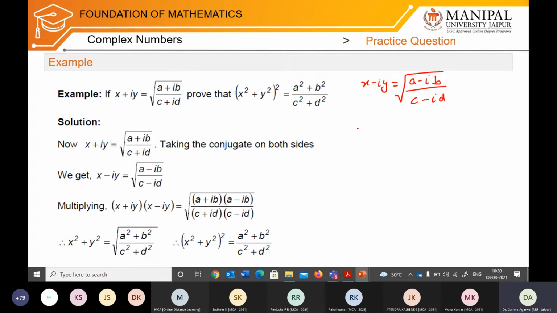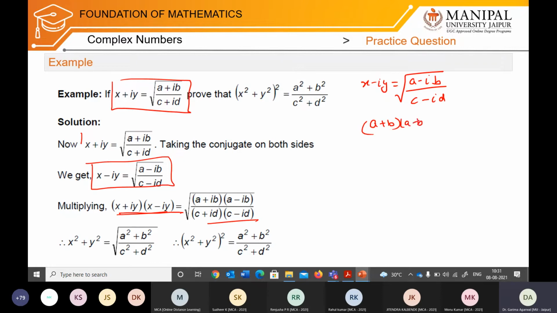Then multiply x plus iota y and x minus iota y. Multiply both these terms, this one and this one. The left hand side will convert into this term and the right hand side will convert. Now we have one property, a plus b and a minus b is a square minus b square.